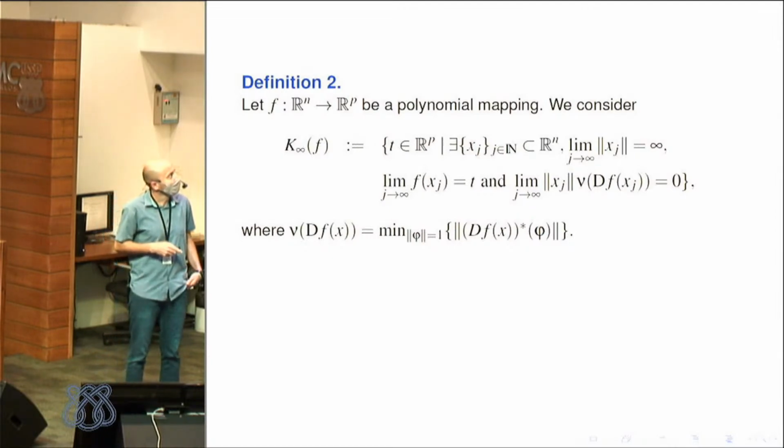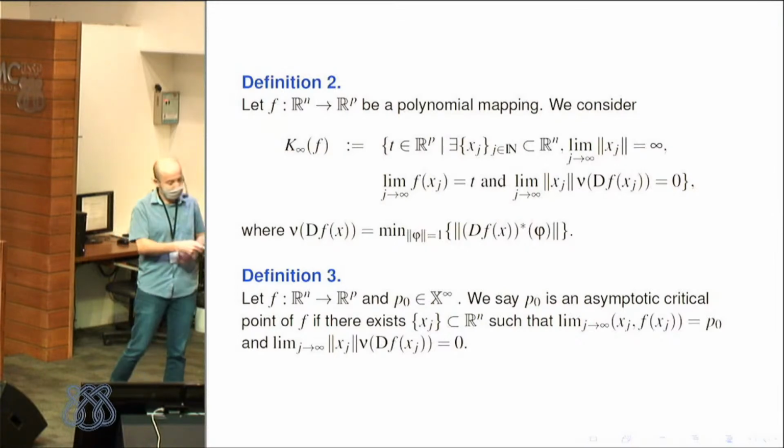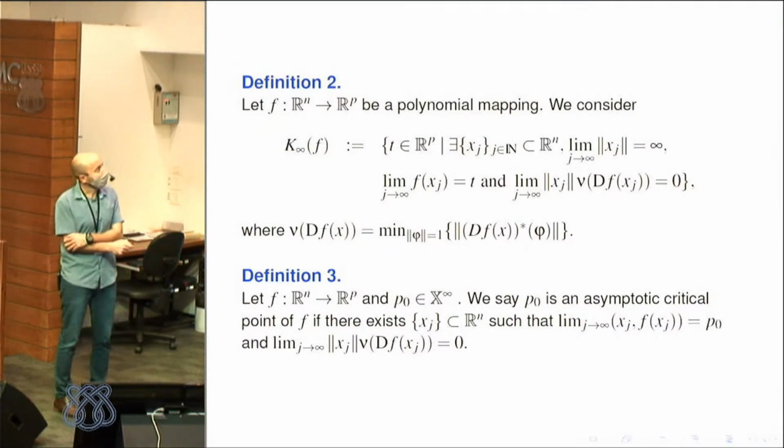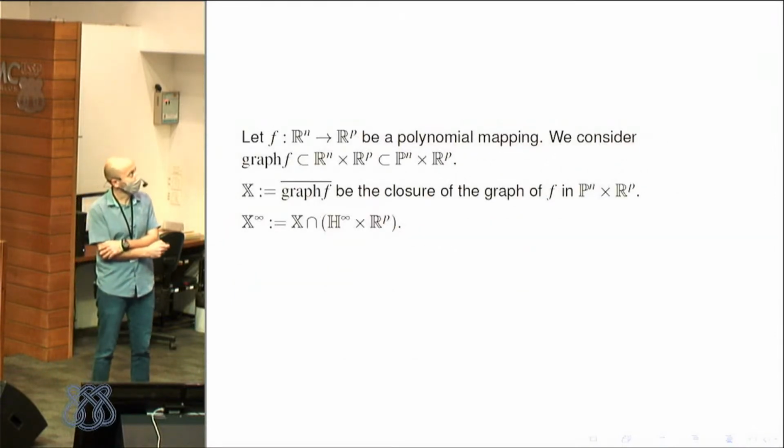With this set, we define the asymptotic critical point of F at infinity. You fix a point in X infinity. Remember, X infinity is the intersection of the closure of the graph with the hyperplane at infinity times Rp.